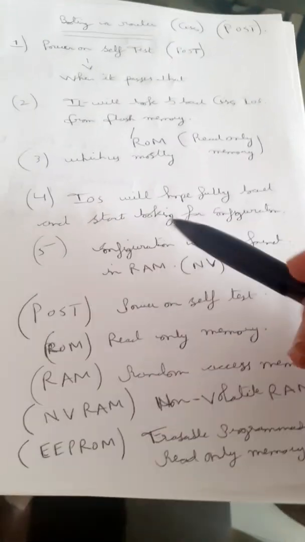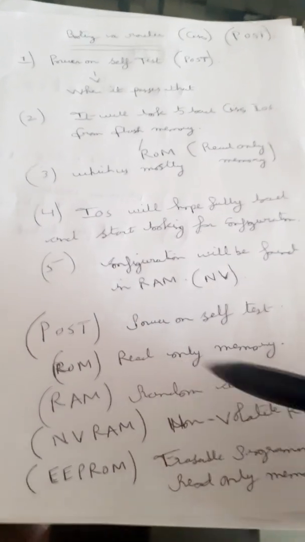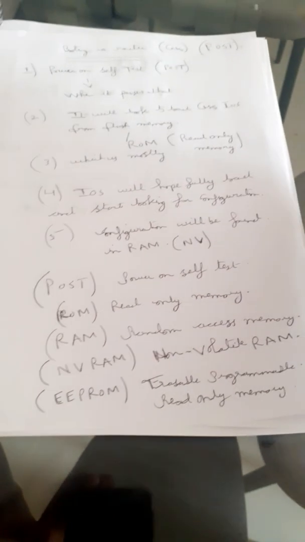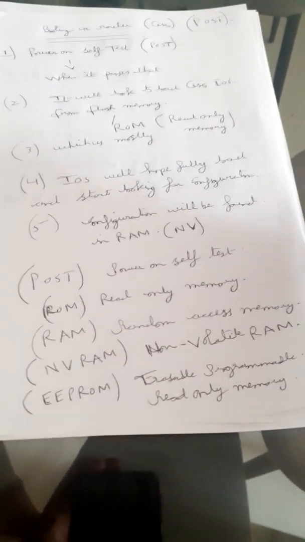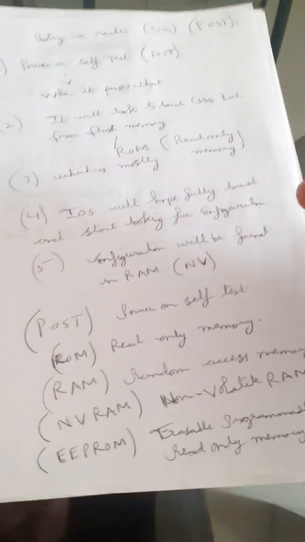Now, next thing, remember, POST is power on self-test, ROM is read-only memory, RAM is random access memory. Sometimes if you're going to give networking exams, or you are going to do CCNA or Juniper or other places, you need to know these aspects. It's very important.